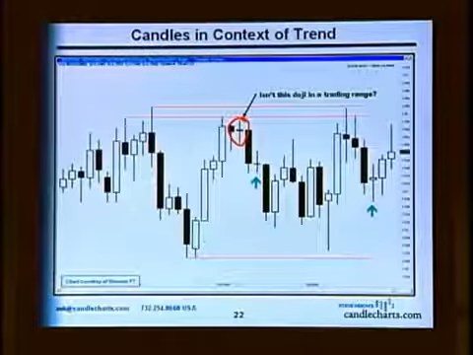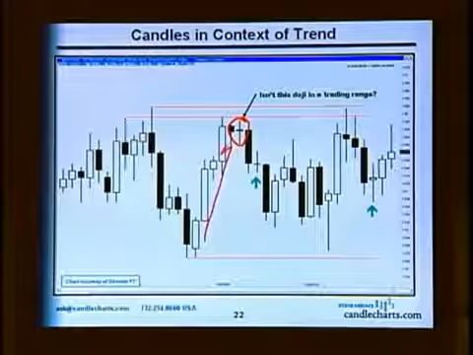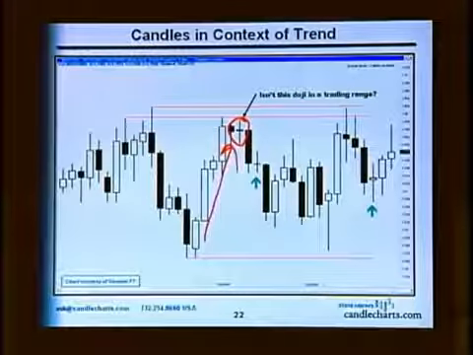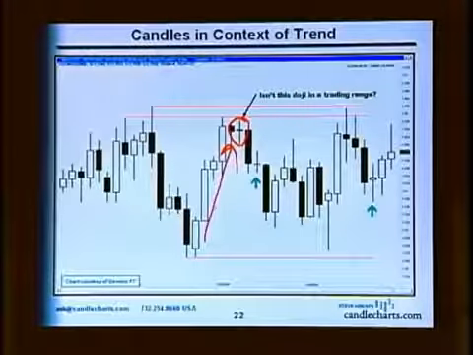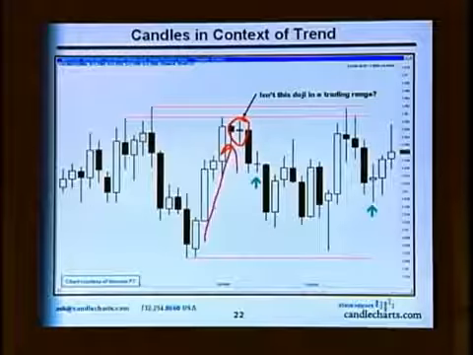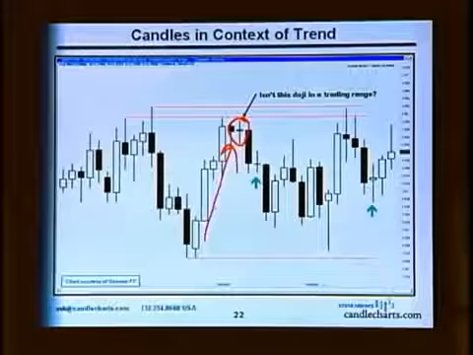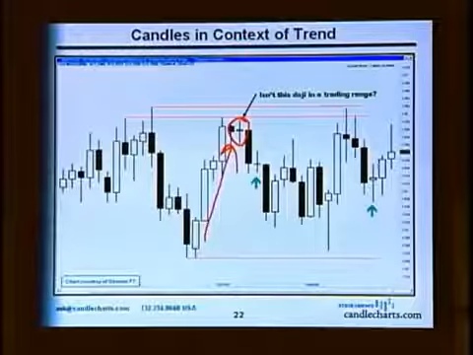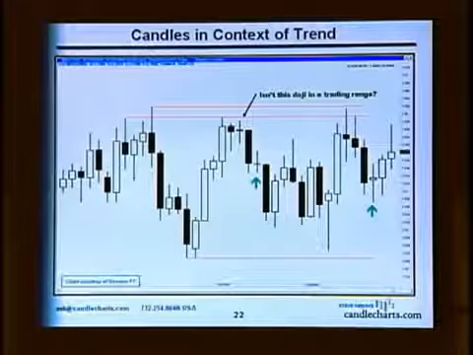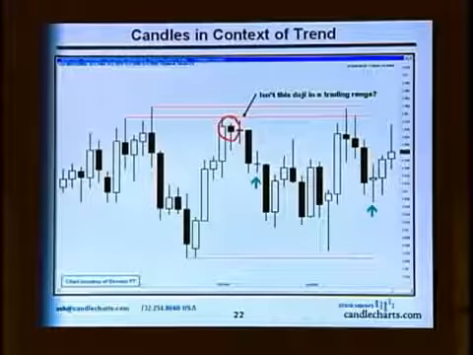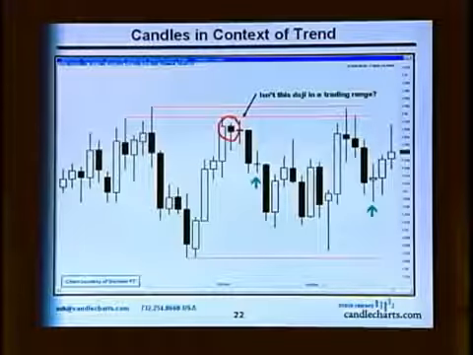Was there an immediately preceding trend? Yes. That's a great short sell, because the market's confirming a resistance area. What was the little clue we had before the doji? A small real body, right? That's a great trading vehicle.